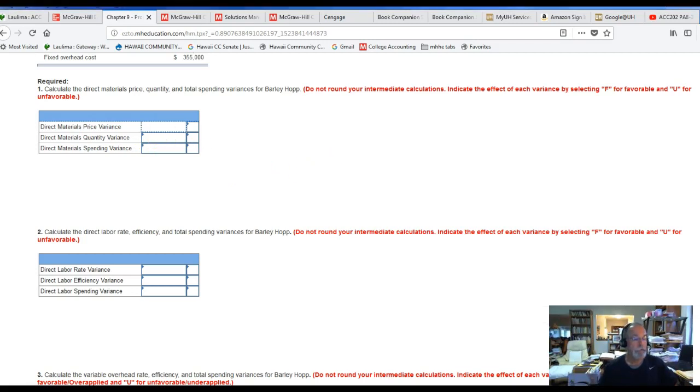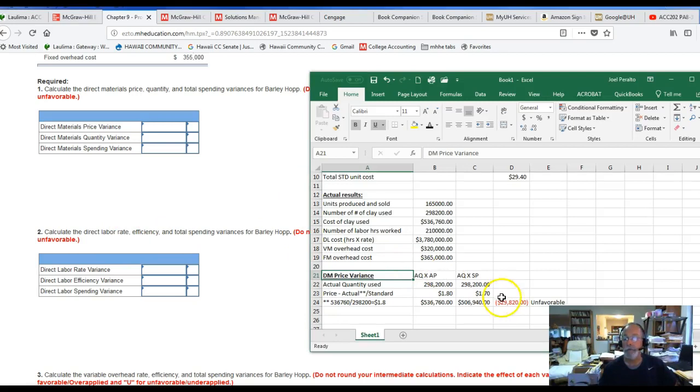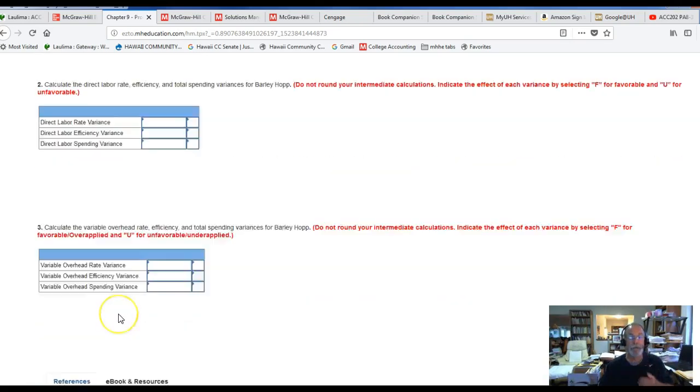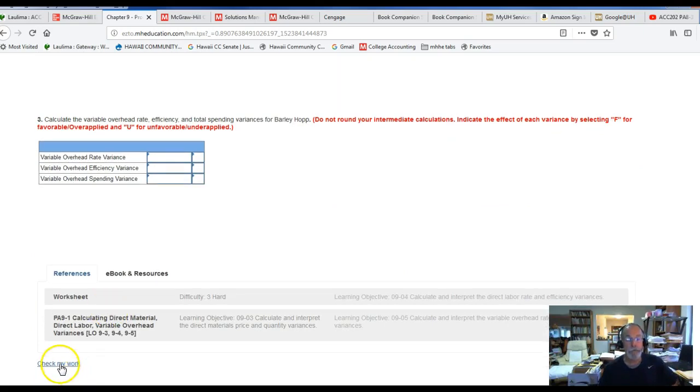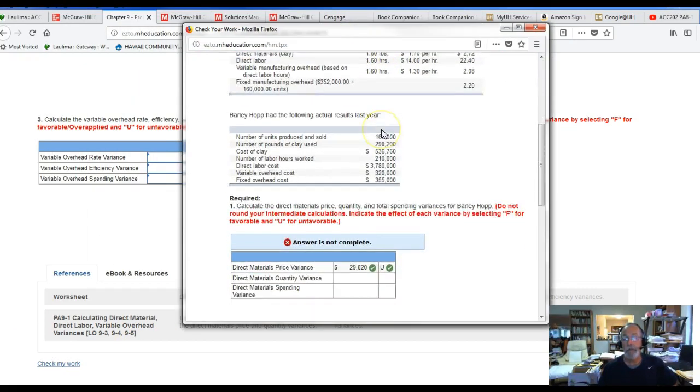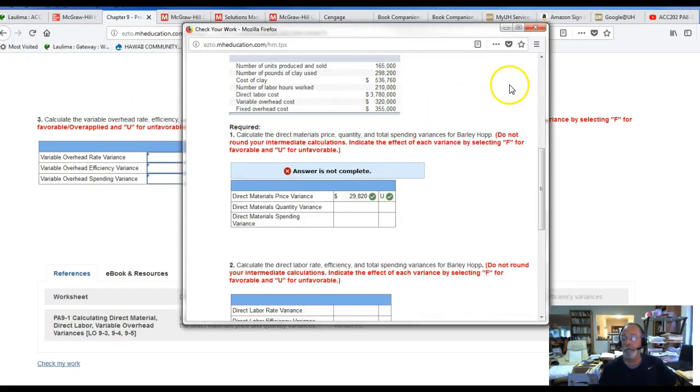Make sure that we're on the right track here. 29,820, and that is unfavorable. And we go to our check my work, keep our fingers crossed, and looks like we're okay. So looks like we're on the right track.